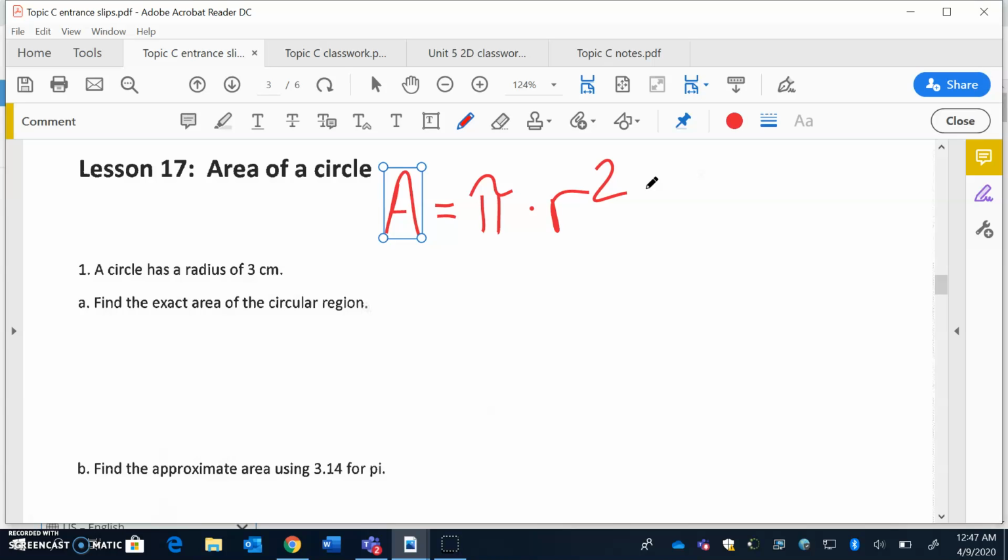So I do have to notice here, it says find the exact area. Remember, exact area means we leave our answer in terms of pi. So when I put my formula down, A equals pi times radius squared, I know the radius is 3, so it's going to be 3 squared.